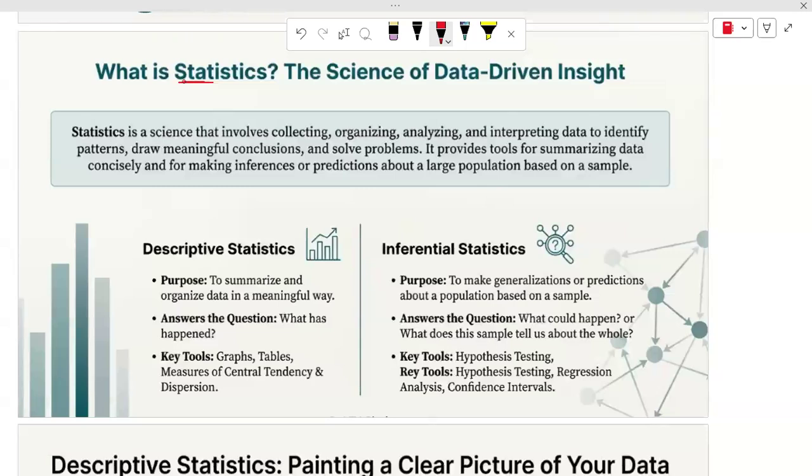Right. Any volunteers from your side? Anybody else? What does it mean, stat or statistics? Anyone?